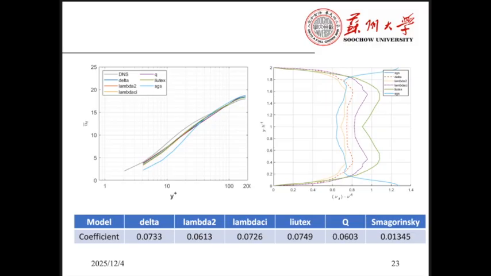And here are the parameters, the model coefficients determined by the previous dynamic models.